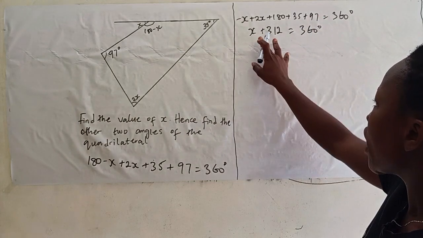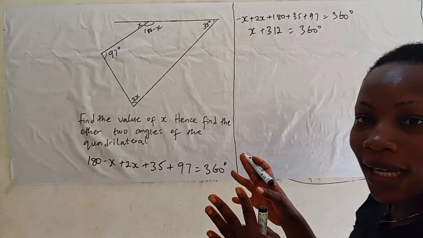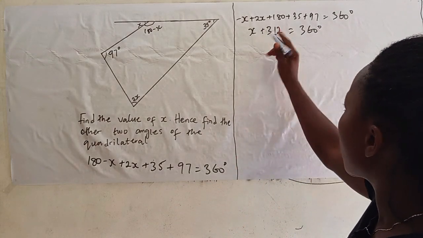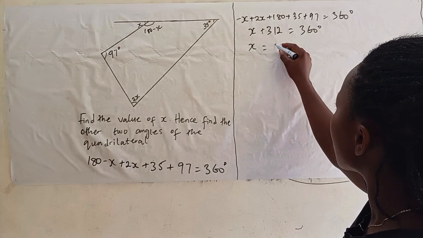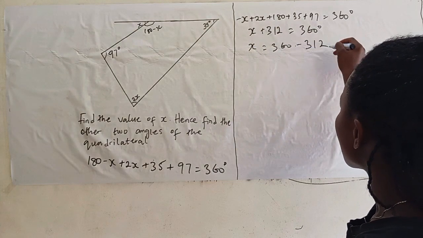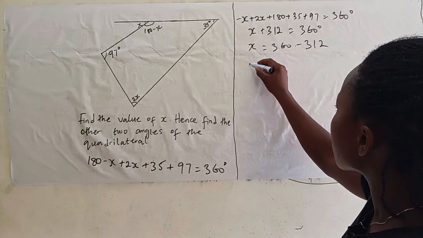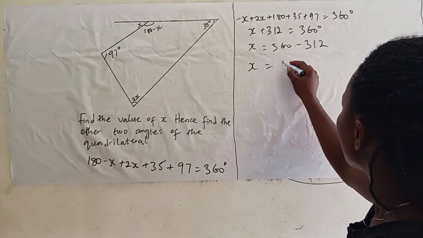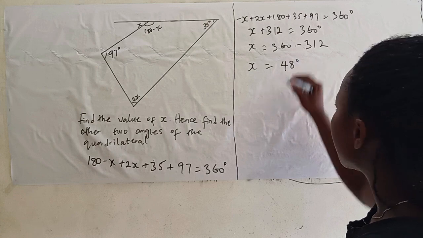So here let's collect like terms. We are going to have x equals 360 minus 312, giving us x equals 48 degrees.